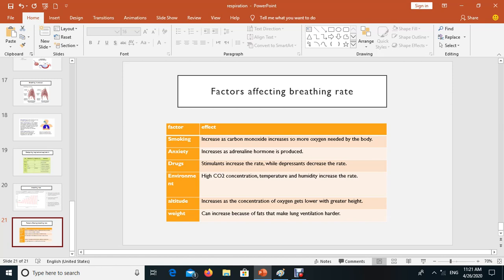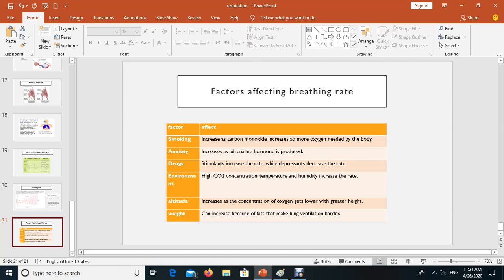Drugs also: we have some drugs that are stimulants that increase heart rate, and we have other drugs that are depressants that decrease breathing rate or heart rate.